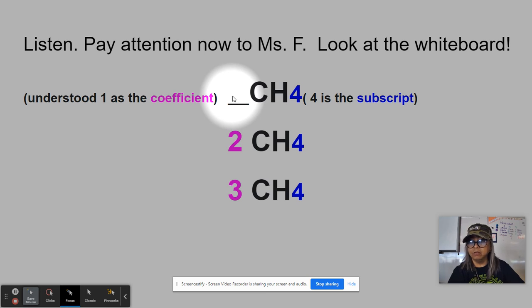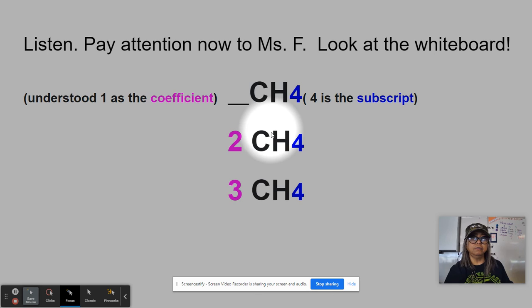And sometimes there is no number in front of the formula. So there is an understood one as the coefficient. So here, for instance, 2 would be what? The coefficient. And of course, 4 is still the subscript. And 3 would be the coefficient here. And 4 would be the subscript.